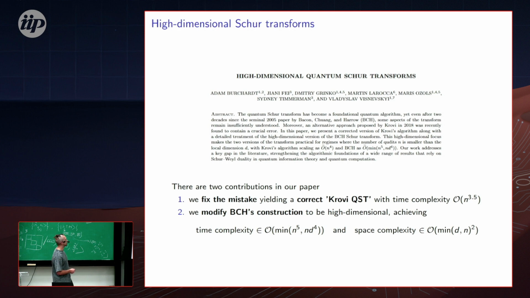And the thing that I'm going to talk about is that you can also fix the original construction to be high dimensional, and you can achieve this time complexity. Essentially, if you have D that is very large, you get time complexity n to the 5, something like this.